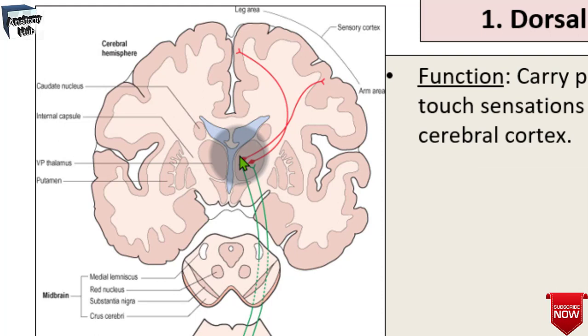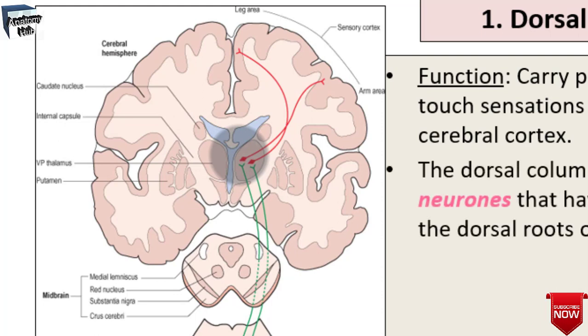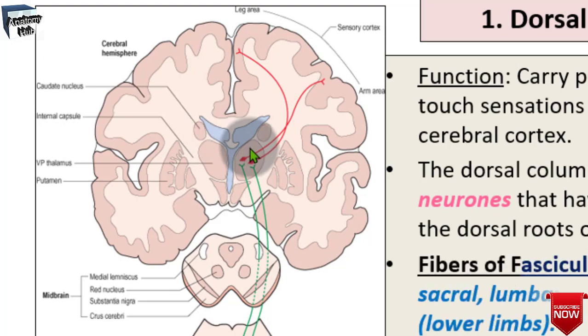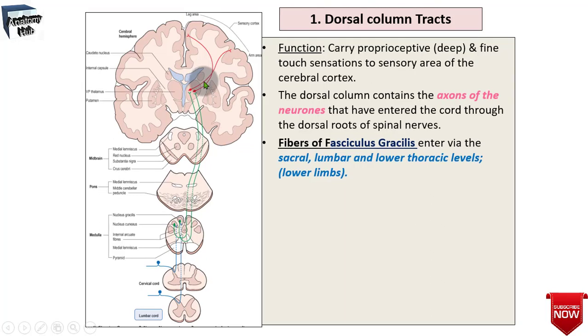The axons of these third order neurons then enter the posterior limb of the internal capsule and form the corona radiata before arriving at the somesthetic area of the post-central gyrus of the cerebral cortex.